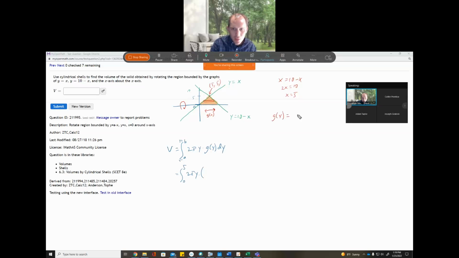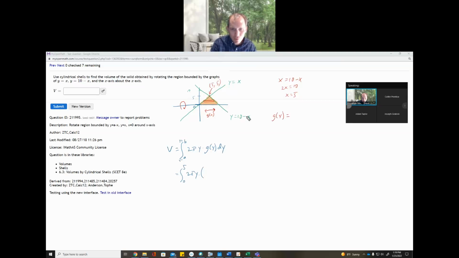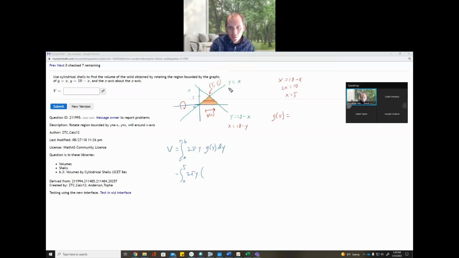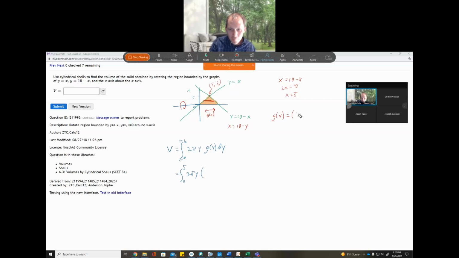So g of y is, if I solve this first one for x, if I add x and subtract y, I'll get x equals 10 minus y. And this one's already solved for x. X equals y, right? So y equals x, same thing. Okay, so I'm going to take the one on the right, 10 minus y, and subtract the one on the left, which is just y. So I get 10 minus y, or 10 minus 2y.